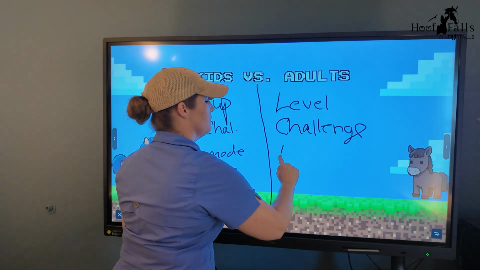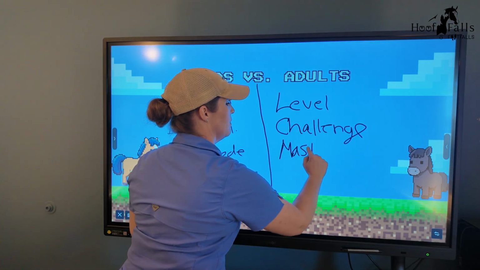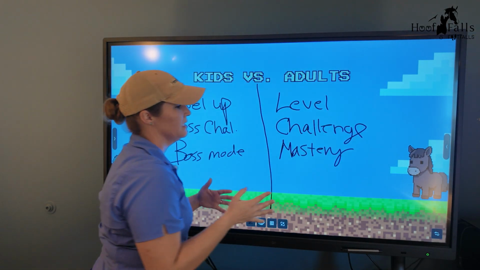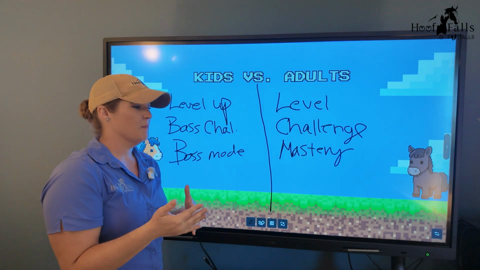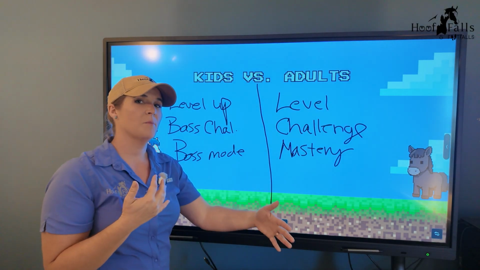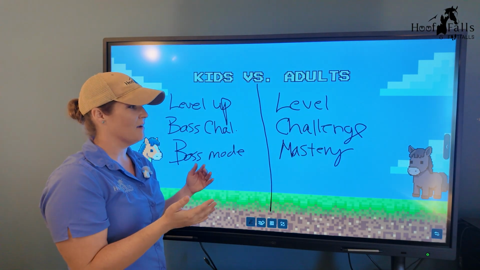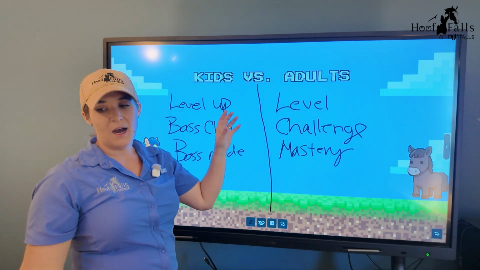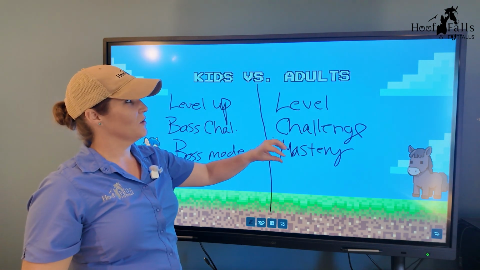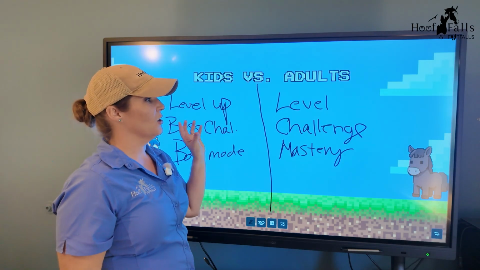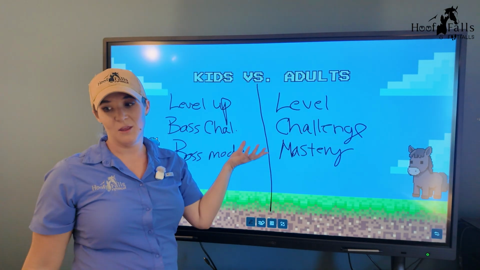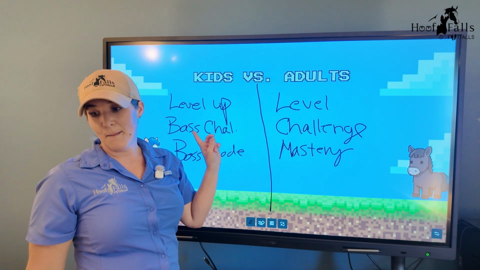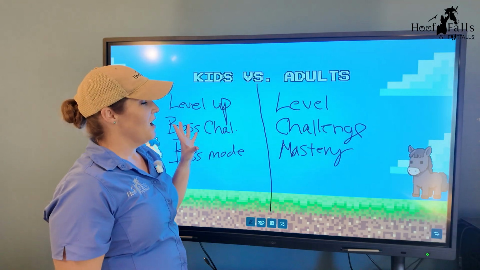Mastery, we have to be careful with that though, because we do want to be honest with them when they have really mastered something or not, because sometimes they haven't. But we're going to shift this wording a little bit to match whatever our adult riders are going to be thinking and doing, and making the wording a little bit more mature, okay?